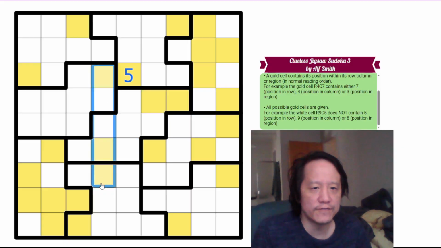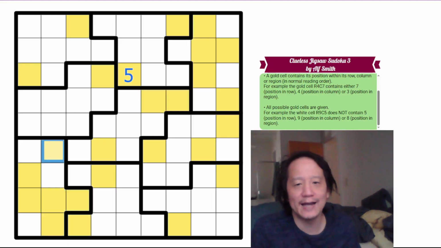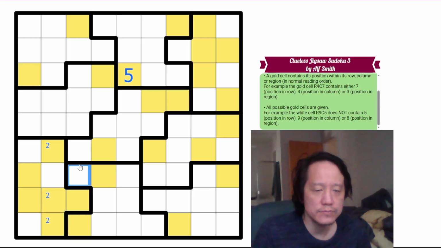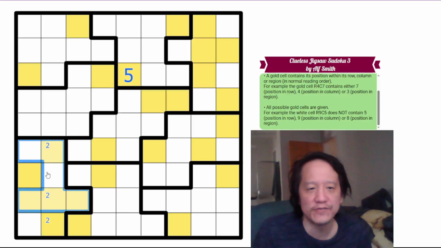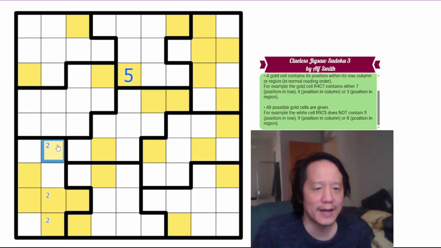So we're guaranteed a 4 here, a 3 in one of these 3 cells. A 2 has to be one of these cells. So in this region 7, I guess. Yeah, it's region 7. In region 7, the 2 has to be one of these 3 cells because it's the only cell that matches in column 2 for gold cell.